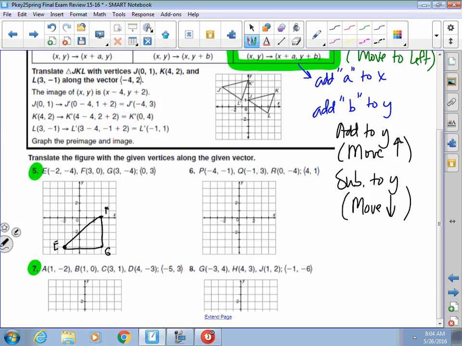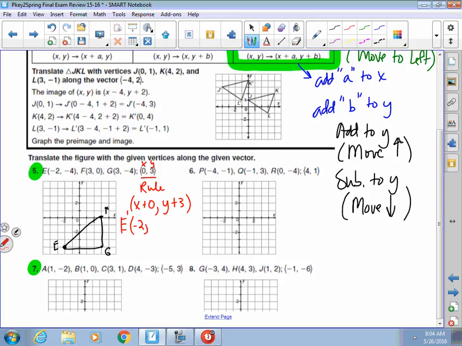And then the rule, this right here, this is the vector form of our rule. Basically what this is saying, because this is X and this is Y, we're saying we're going to add 0 to X and add 3 to Y, because 3 is positive. So I'm just going to do that to every coordinate. So E prime would be negative 2, because negative 2 plus 0 is just negative 2.